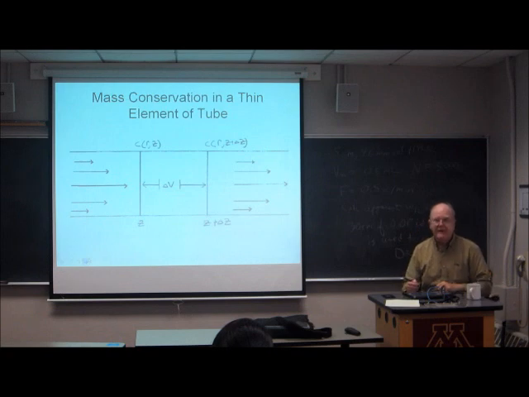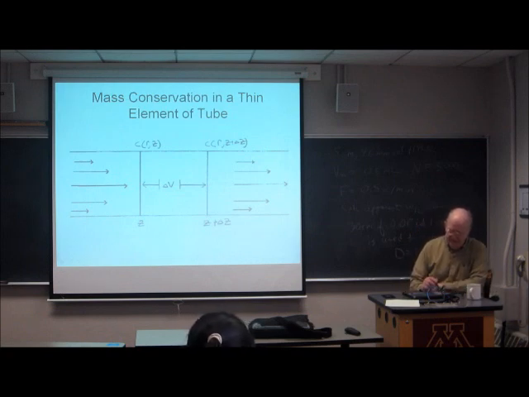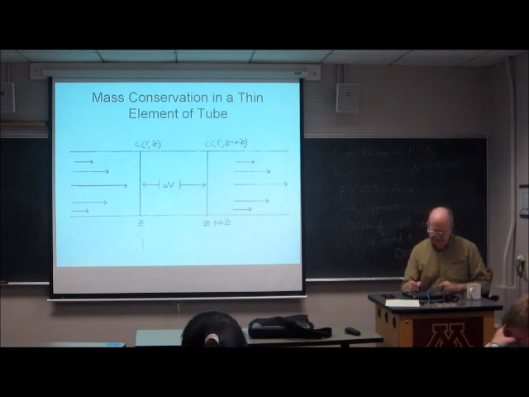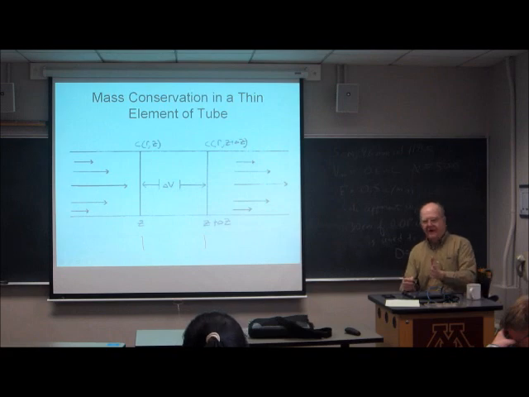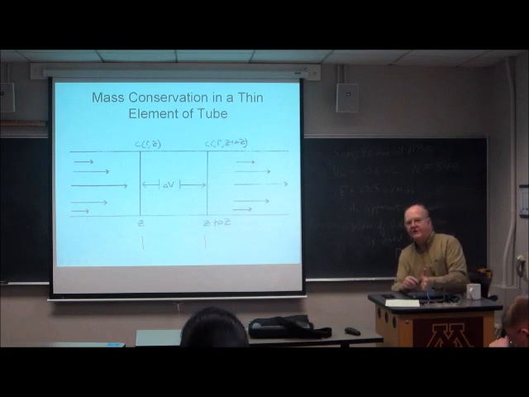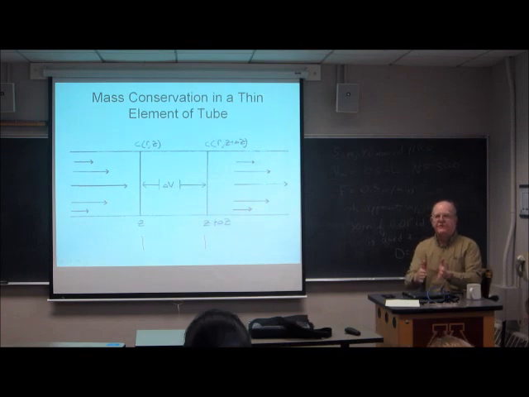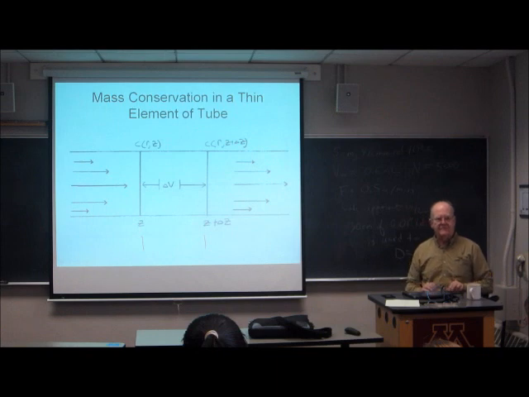So, now, here's the problem we have to solve. We got the parabolic flow velocity bringing molecules into this finite cell, and we got parabolic flow taking molecules out of the cell. You simply do a mass balance in and out.